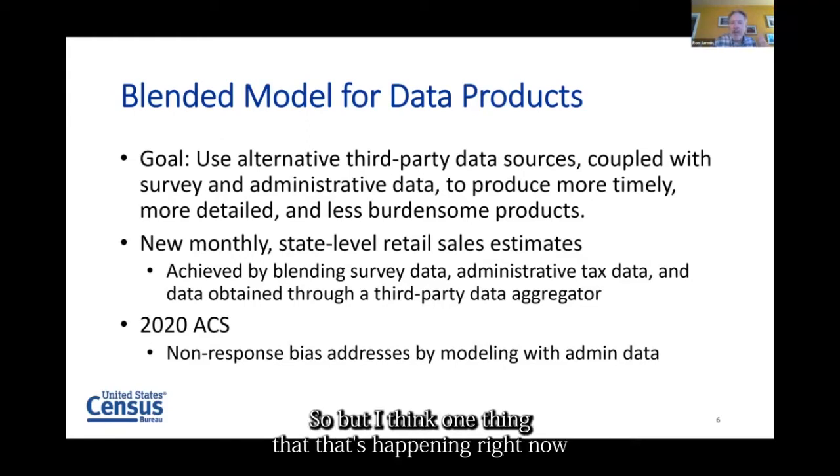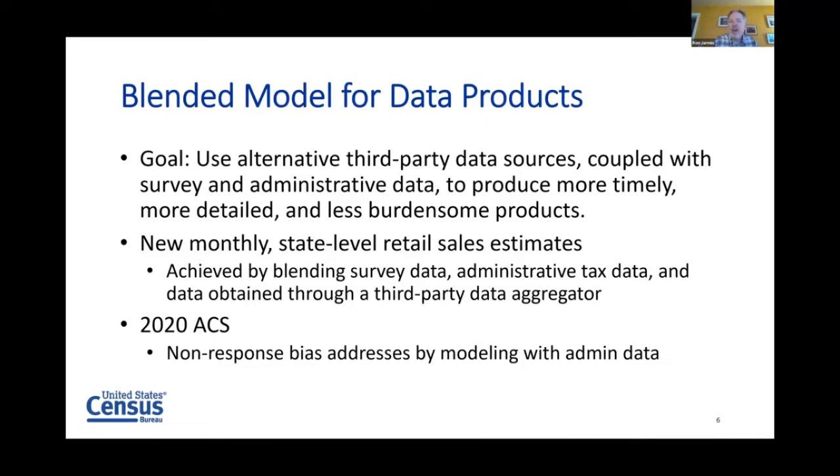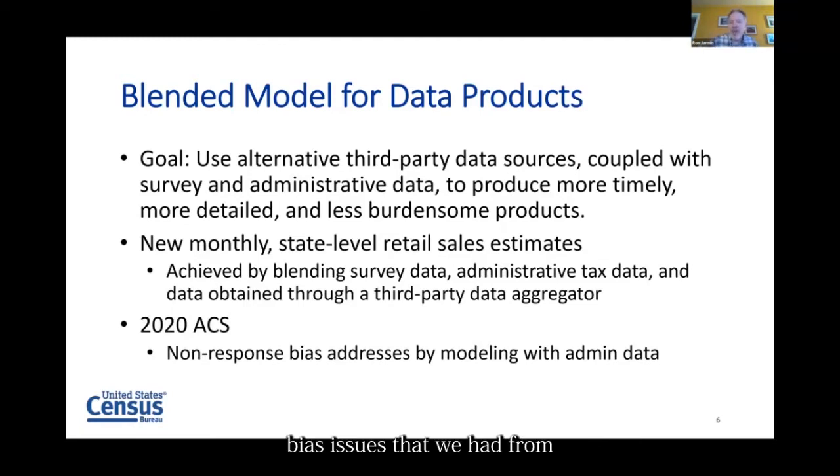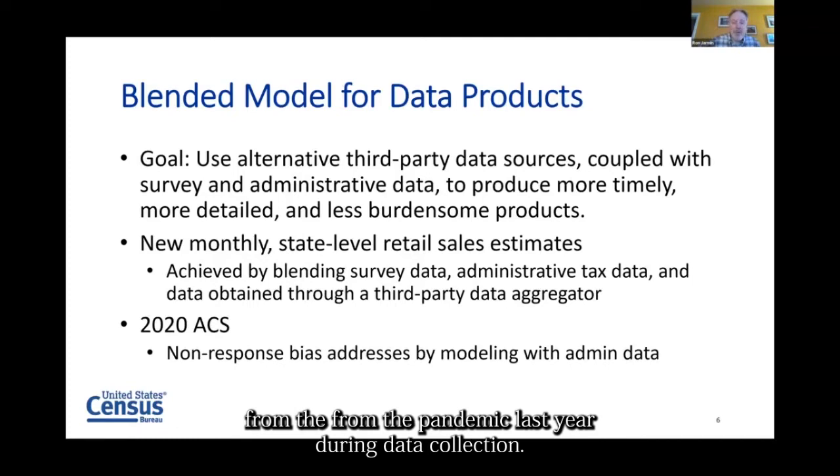But I think one thing that's happening right now, if you've been following this, is really quite striking how we've sort of in a relatively short period of time for the ACS really increased its awareness and use of administrative data to try to help with the non-response bias issues that we had from the pandemic last year during data collection.